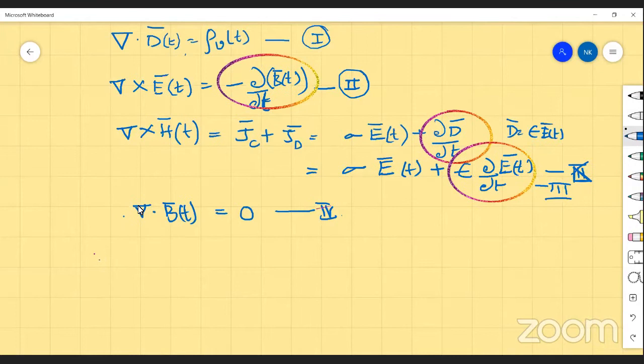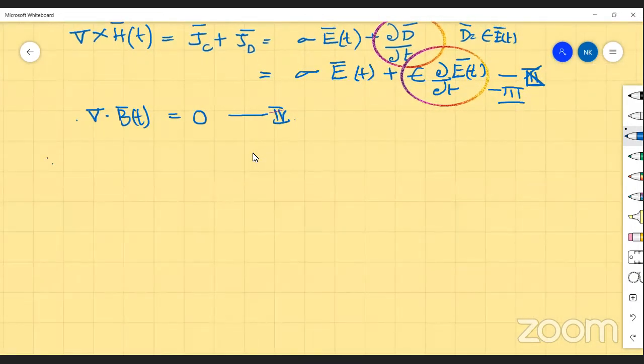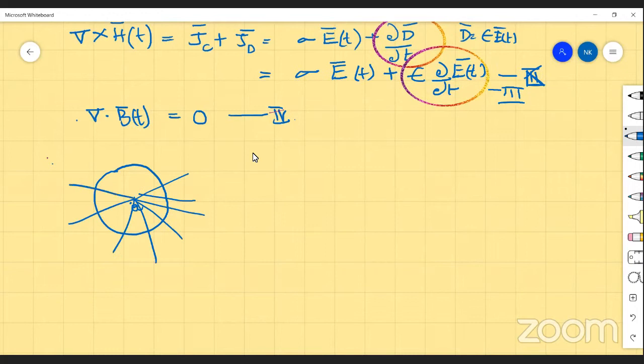What is the first equation? The first equation is based on Gauss law. Suppose we take this one, there is a charge, and the flux is coming from here.